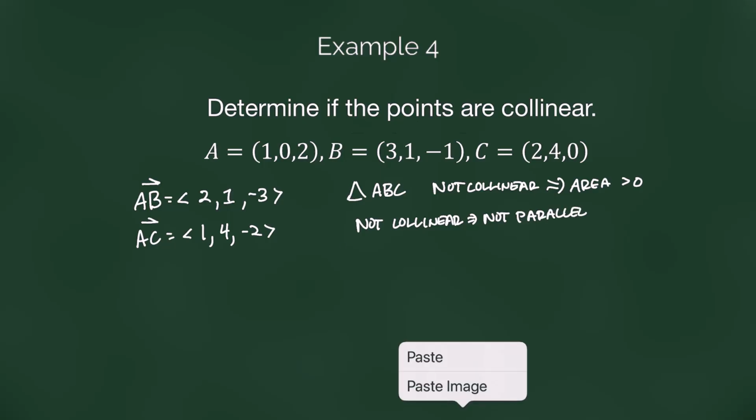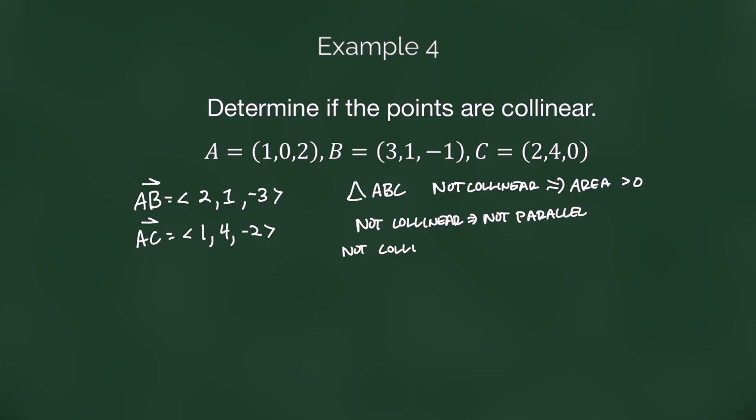Both of those tell us that if they aren't collinear, I'm going to call this vector B for shorthand because I'm lazy, then B cross C, the magnitude of that is not 0. The flip side of that is that if they are collinear, then the magnitude of the cross product would have to be 0. So a quick test for collinearity is to look at the cross product and determine whether it is 0 or not. So let's look at that cross product.